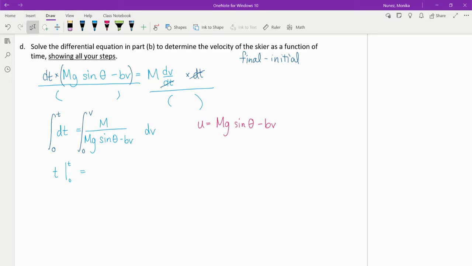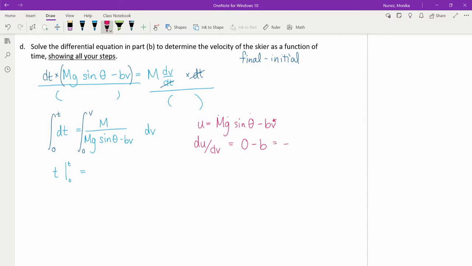When we do u substitution, we say the variable u is equal to a portion of our expression, and then we're going to take the derivative of u with respect to v. So v here is my only variable. m, g, and theta are all constants, and we know the derivative of a constant is just 0, minus the derivative of b times v, and that derivative is just b, as in boy.